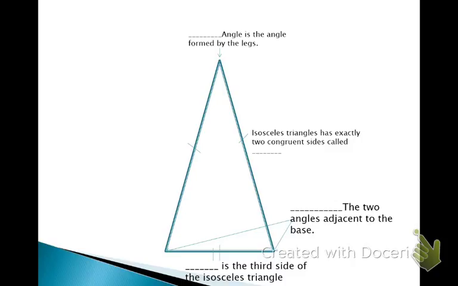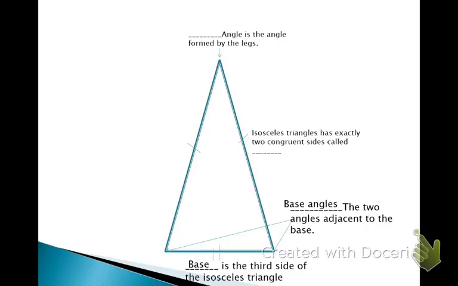First, we need to know how to refer to the parts of an isosceles triangle. The base is the third side of an isosceles triangle, the non-congruent side. These two are congruent. Unless it's an equilateral triangle, then it's congruent to the other sides, and you just designate one as the base.